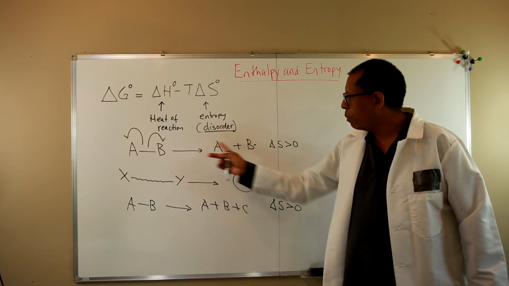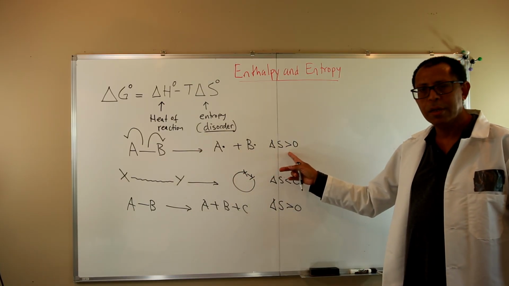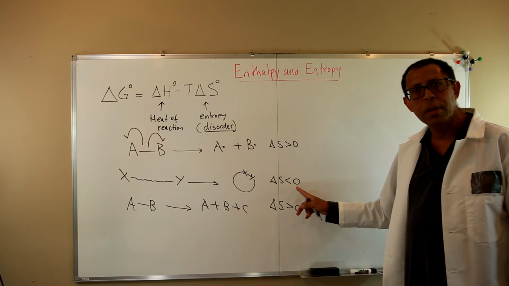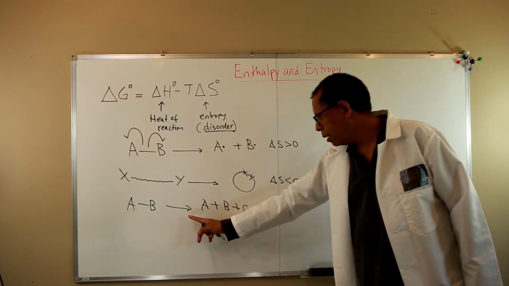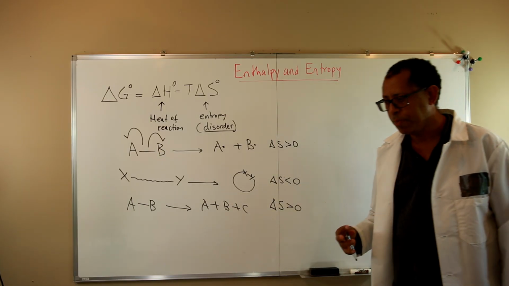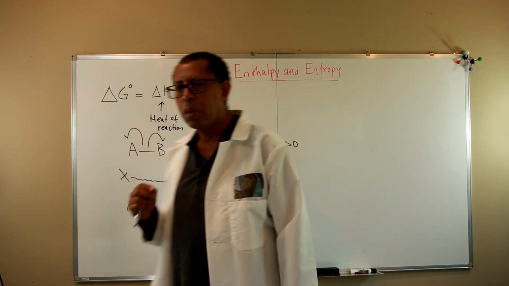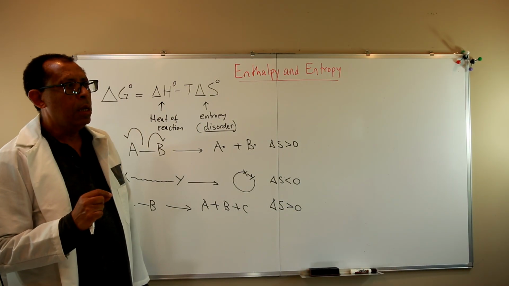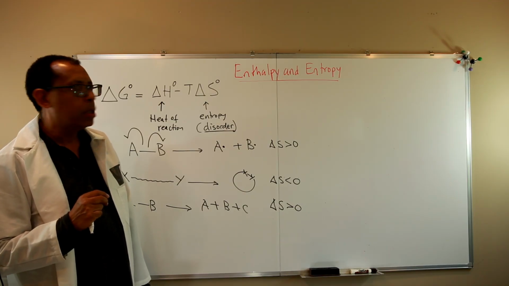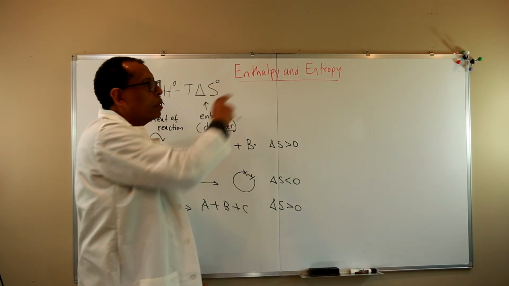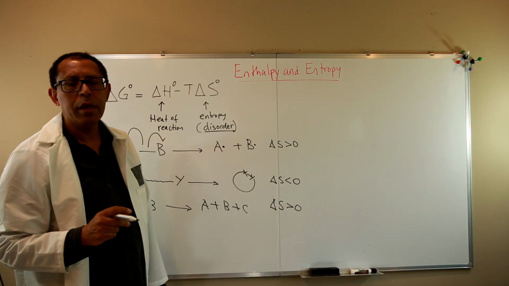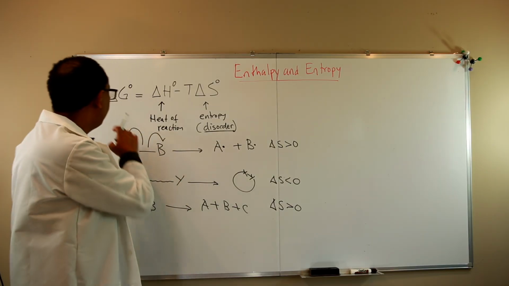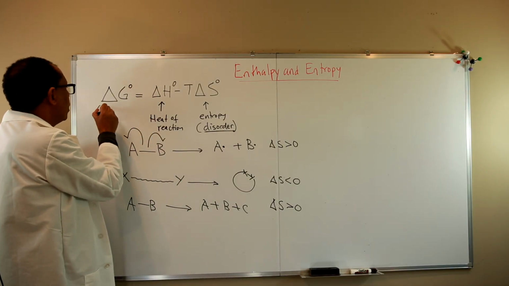Here the entropy is being increased, here entropy is reduced, here entropy is increased. So overall, when we are trying to investigate reactions, we consider both enthalpy and entropy to calculate free energy. This is called free energy.